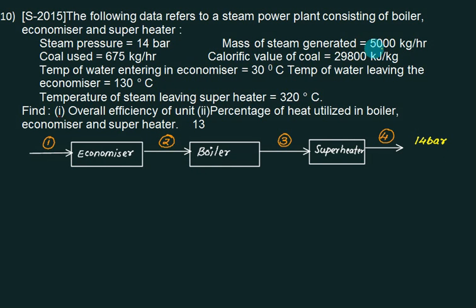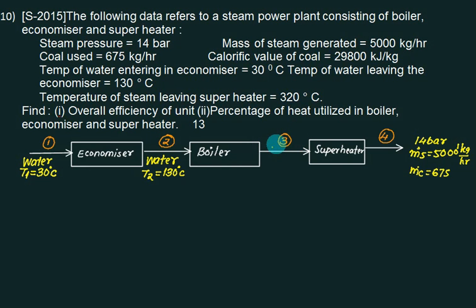The mass of steam produced is 5000. Coal is 675. Temperature of water entering the economizer, this is water, equals 30 degrees Celsius. After economizer, we have also water, but slightly warm water. Temperature of water leaving the economizer is 130.